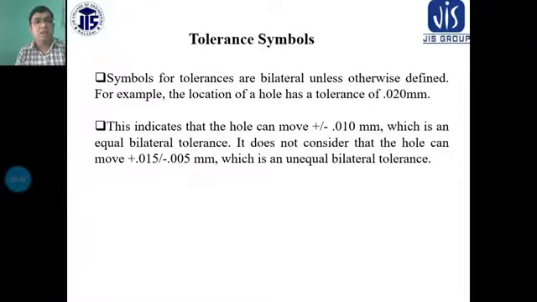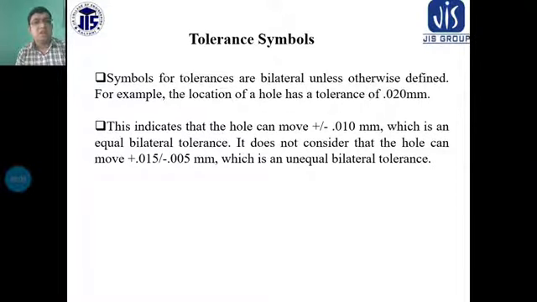For example, the location of a hole has a tolerance of 0.020 millimeters. This indicates that the hole can be moved plus or minus 0.010 millimeters, which is an equal bilateral tolerance.